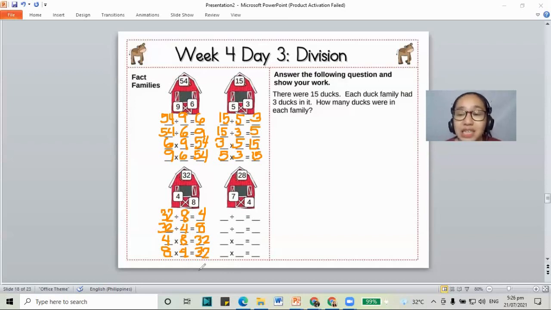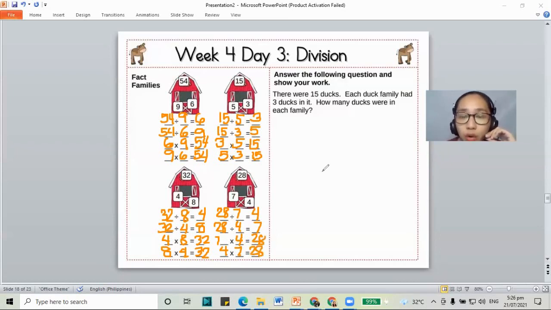They will still have the same answer. But for division, the bigger number should be placed first, then divided by the smaller number. 28 divided by 7 is 4. 28 divided by 4 is 7. 7 times 4 is 28. 4 times 7 is 28.